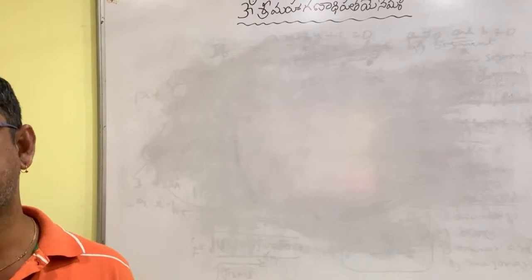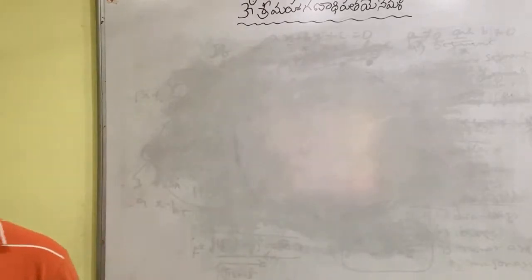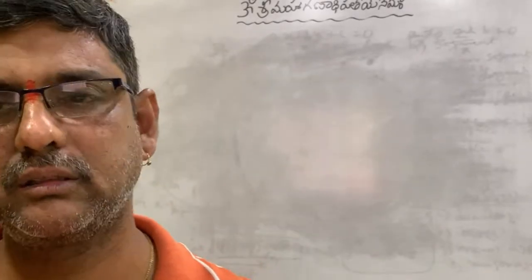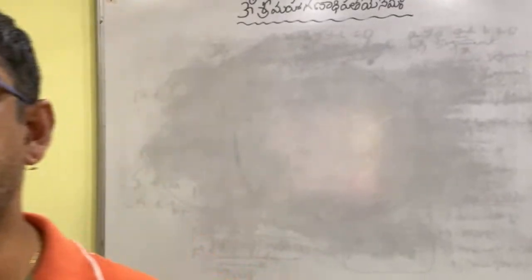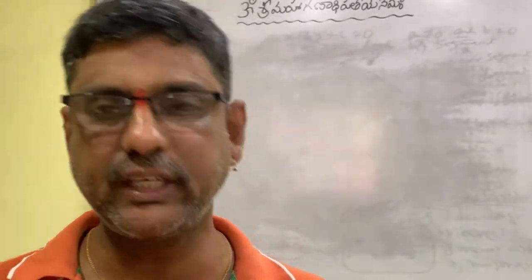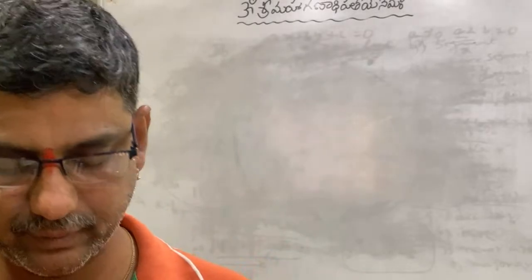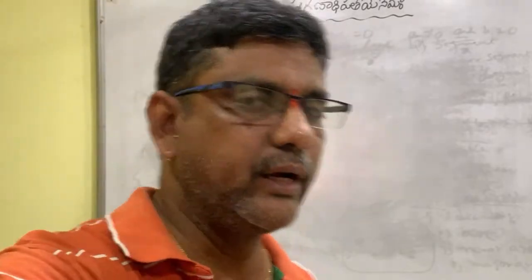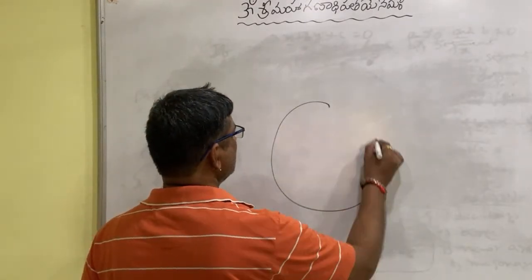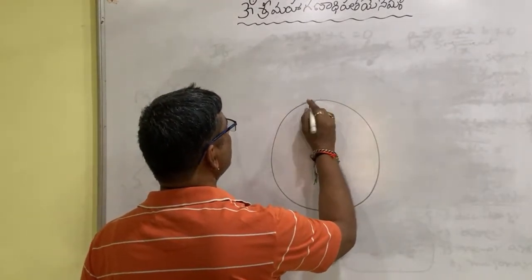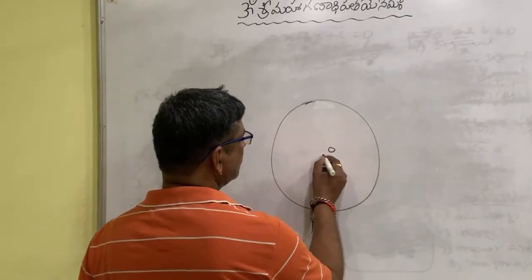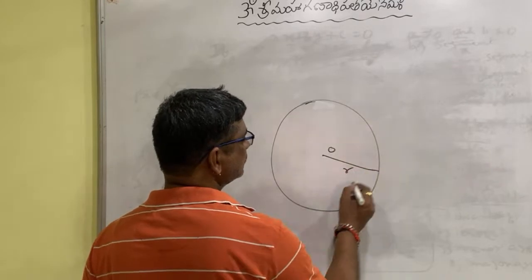Suppose there is a point and its distance from the center of the circle is more than the radius. Then the point lies outside the circle or inside the circle? You need to understand this question properly. Circle, center, this is the radius.